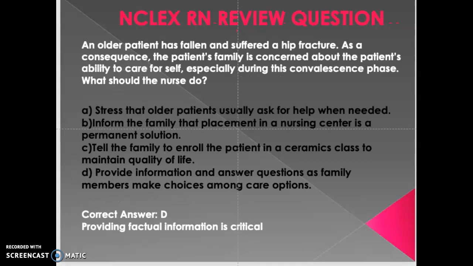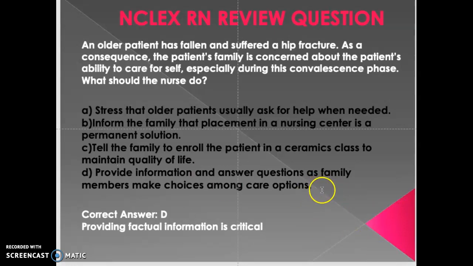The second question we have here is that an older patient has fallen and suffered a hip fracture. As a consequence, the patient's family is concerned about the patient's ability to care for herself, especially during this convalescent phase. What should the nurse do? The correct answer is D: provide information and answer questions as family members make choices among care options.